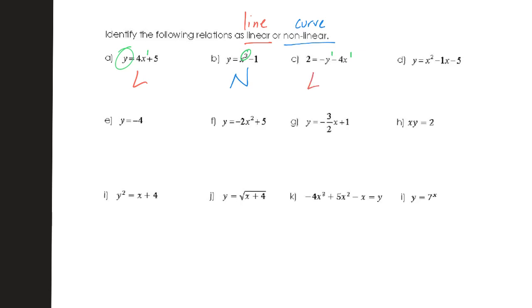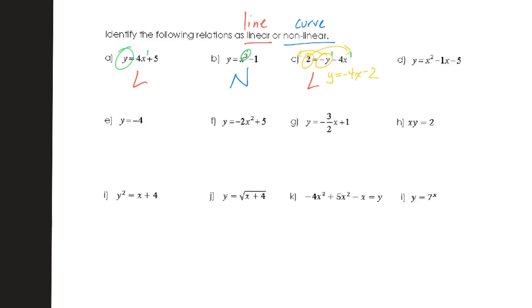Now, you will notice that your y is not isolated. But if I was to get that y all by itself, then that would equal negative 4x, and then I have to get rid of that too. We should be able to see that when y is isolated, the exponent on both is 1.